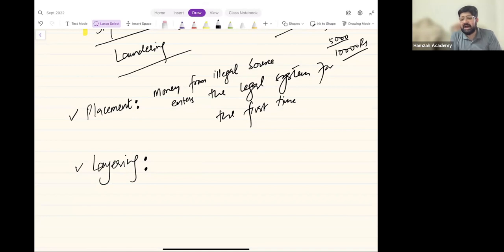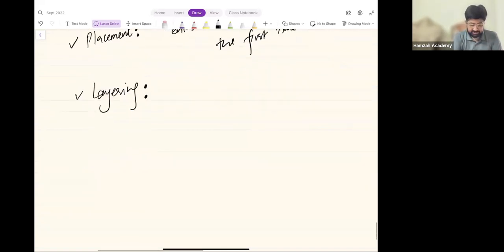So many transactions that things may not remain traceable. So layers of things are being generated, so that the origin may not remain traceable.